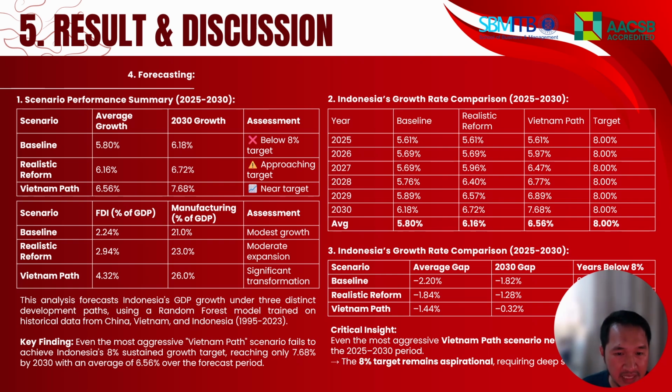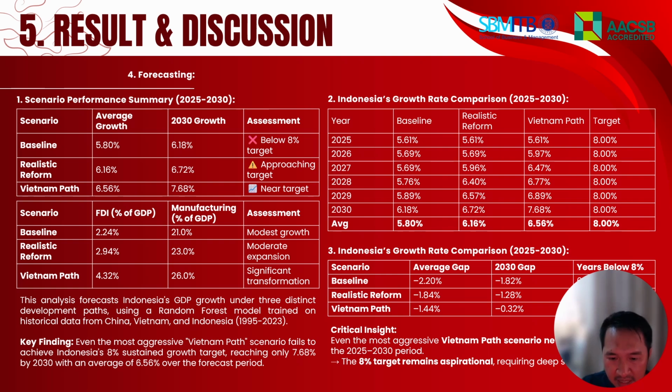Realistic reform is almost approaching the target, and the Vietnam path is near the target. This analysis forecasts Indonesia's GDP growth under these distinct development paths. Even the most aggressive Vietnam path scenario fails to achieve Indonesia's 8% sustained growth target, reaching only 7.6% by 2030, with an average of 6.5% over the forecast period.